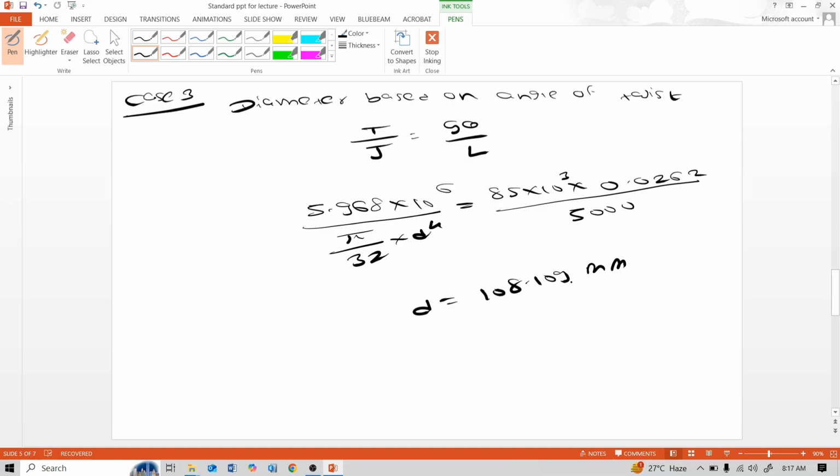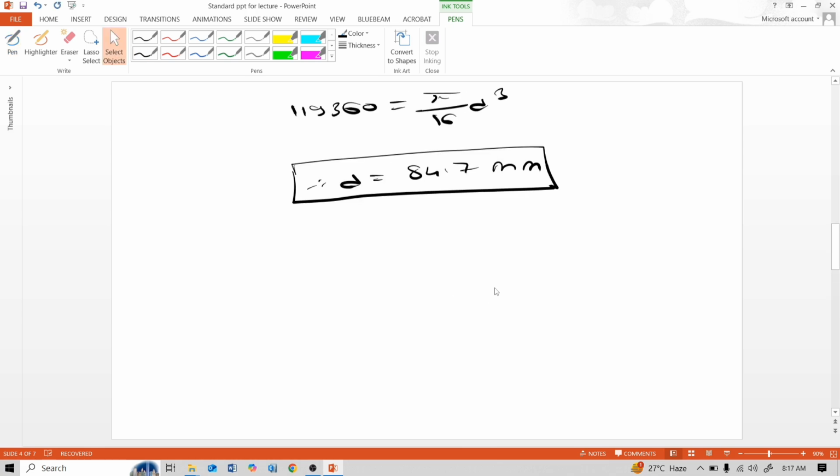By using angle of twist, diameter is 108.109, and by using shear stress, diameter is 84.7.